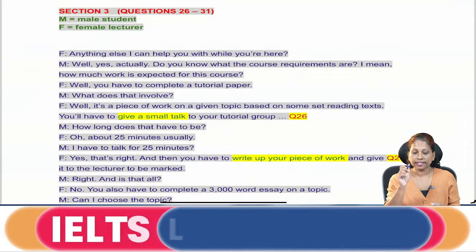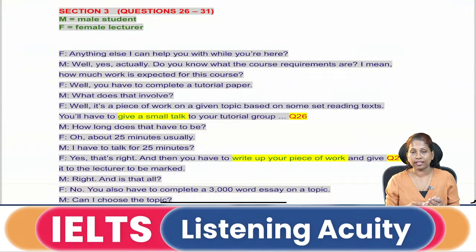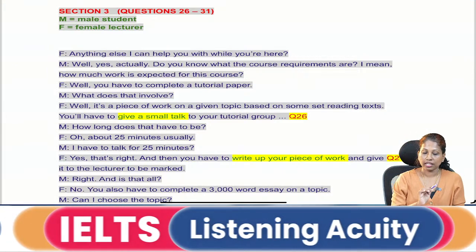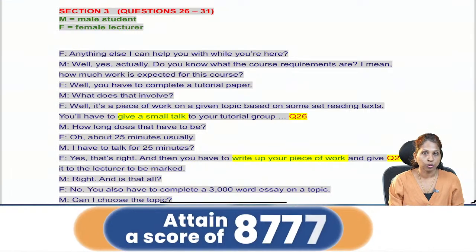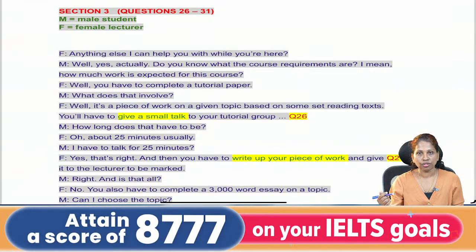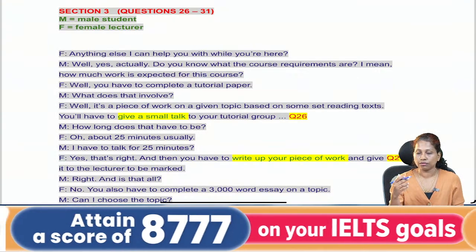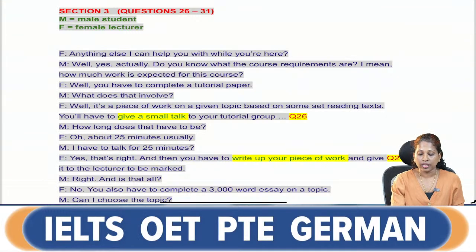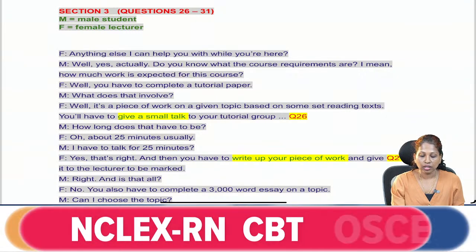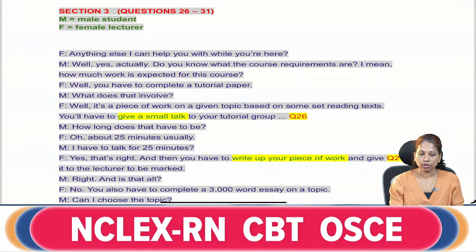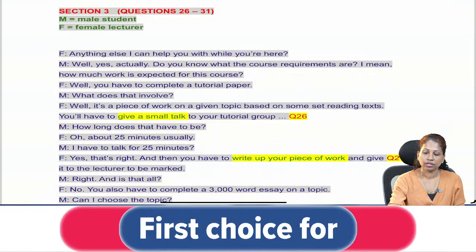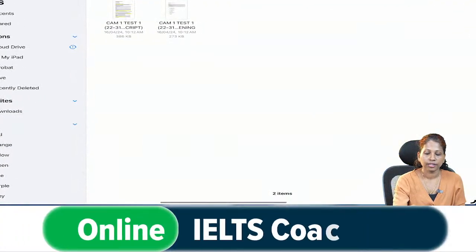Now we had read the instruction. The instructions said that we can write our answers in not more than what? 3 words. So it can be 1 word, 2 words or 3 words, not more than 3 words, right? So here it says give a small talk. Let's just have a look at the question one more time.